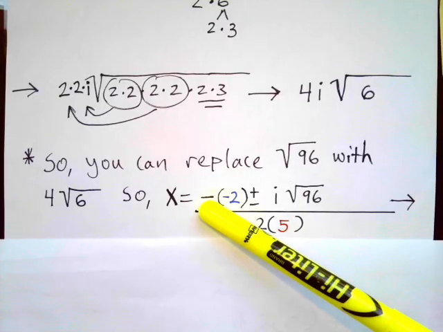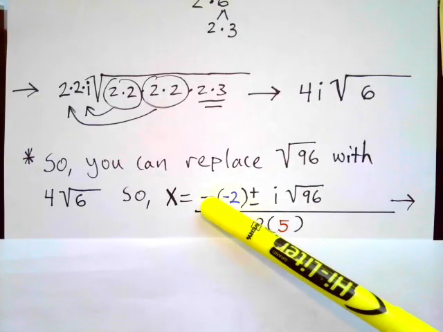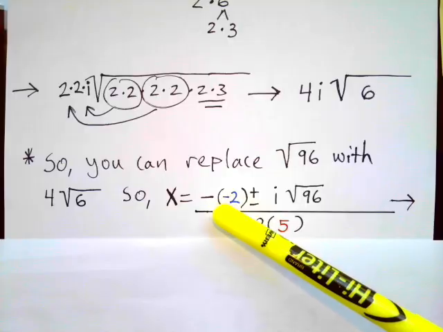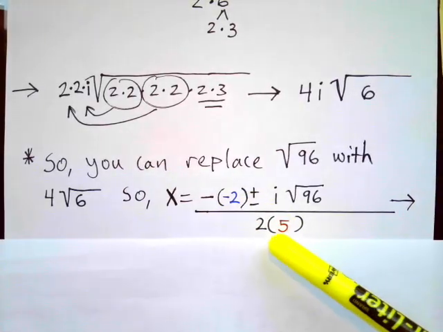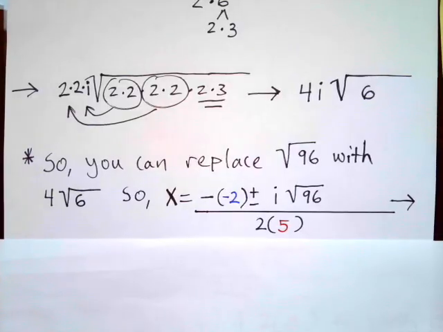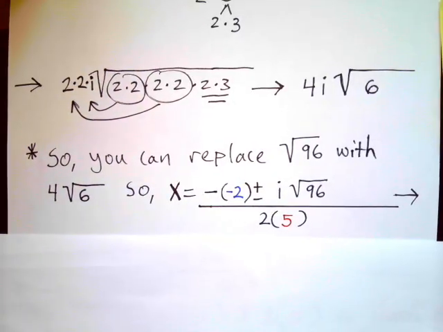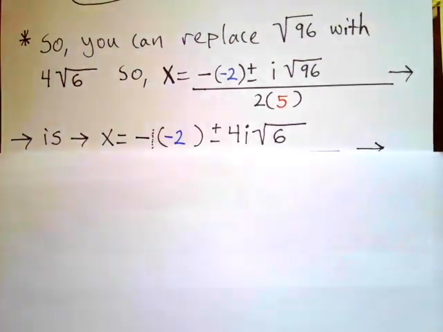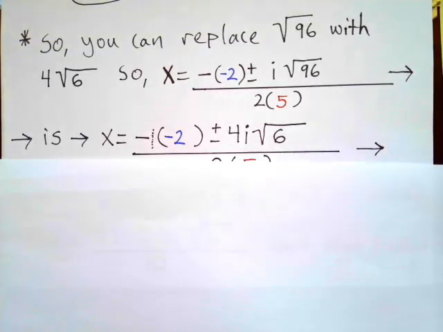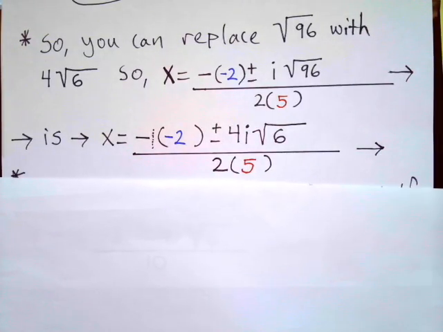Everything else, the negative 1 times a negative 2 plus and minus, divided by 2 times 5, is just going to be rewritten from where I left off on video number 3, right? Everything else is rewritten.